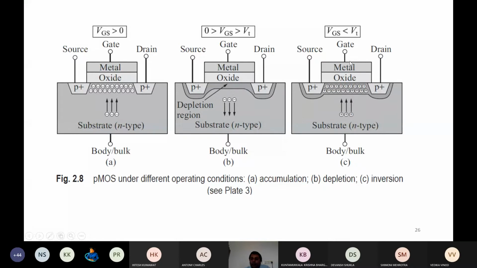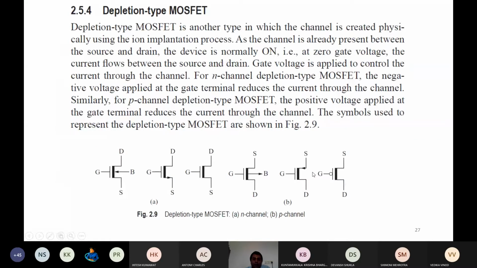If you make it more negative, and the magnitude of the gate to source voltage is more than the threshold voltage in the negative direction, then minority charge carriers will be accumulated underneath the oxide, and a channel will be formed. This is just the opposite operation to that of NMOS that we have already seen. Also we have seen that depletion mode MOSFETs already have some built-in layers, whose symbols we summarized last time.